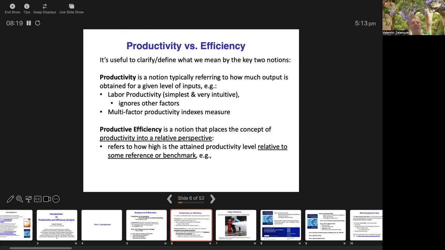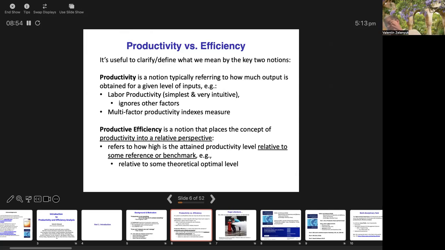This could be a theoretical benchmark, some theoretical optimal level, like those levels that we've studied in the previous lectures, when we optimize a linear programming problem or some other problem and find an optimal or best solution, and then we can see the actual solution, and we can compare one to the other, divide actual by the maximal or the optimal, and we get a natural efficiency measure. And that's exactly what we will be doing in one way or another.